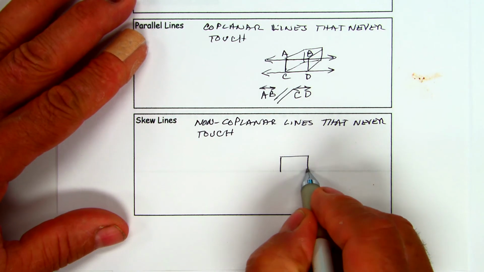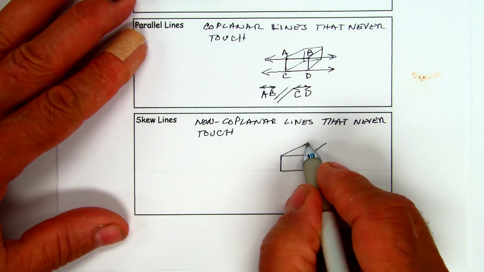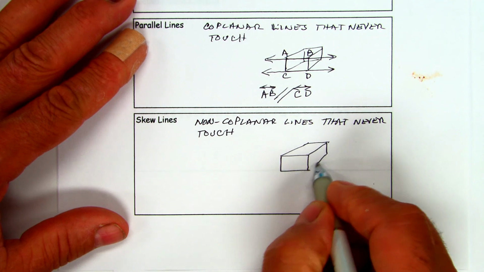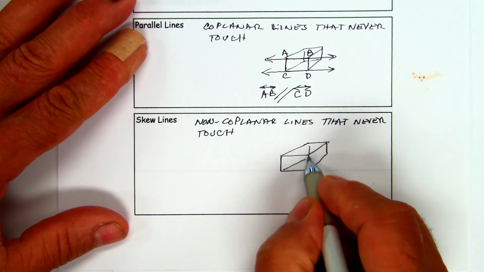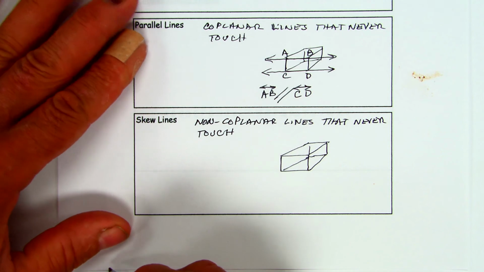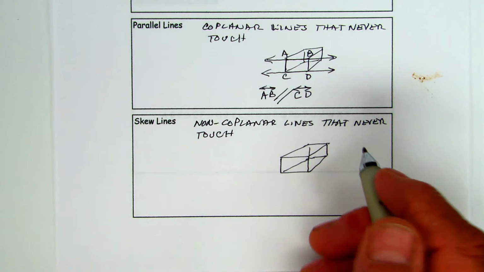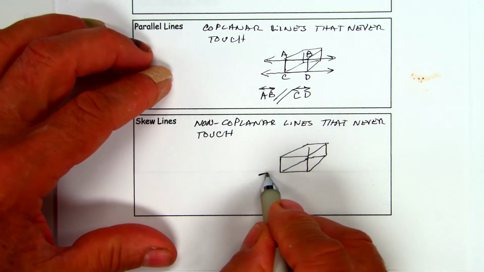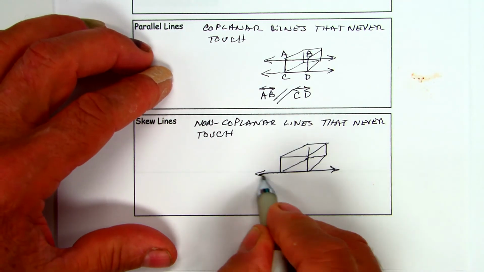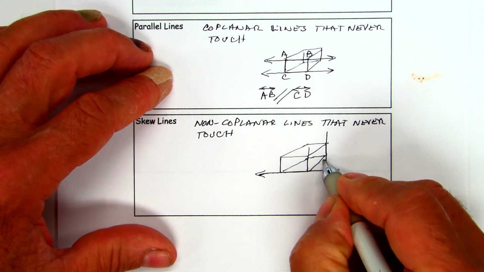So if we had, again, our box here, and we had a line like this, and we had a line like this.